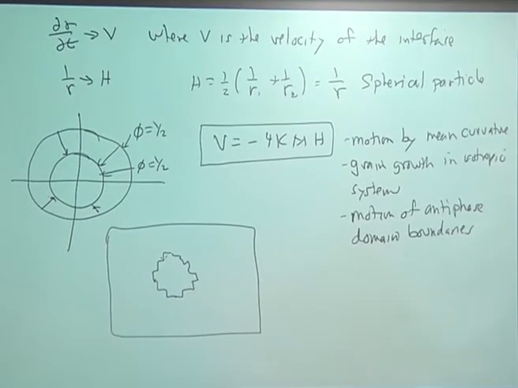If you started with phi equals 1 inside and phi equals 0 outside, very quickly this would smooth out, and then at some later time it would shrink away and eventually disappear. That's consistent with the fact that it's decreasing the interfacial energy. So V is less than 0 for H positive, and that's exactly what happens.